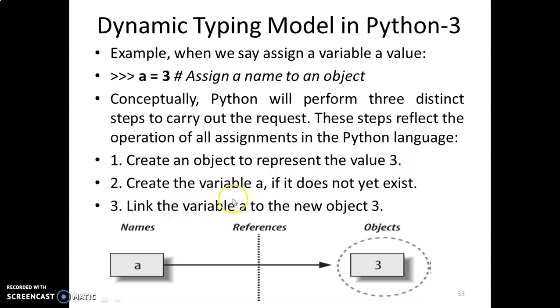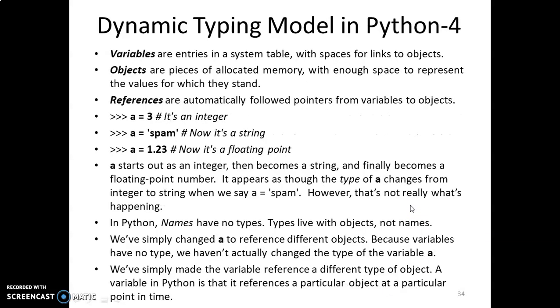Then a variable a is created if it does not yet exist, because a might already exist. If not, then it is created, and then a link is established between these two. So name a refers to the object value 3. This is how the value is assigned in Python.